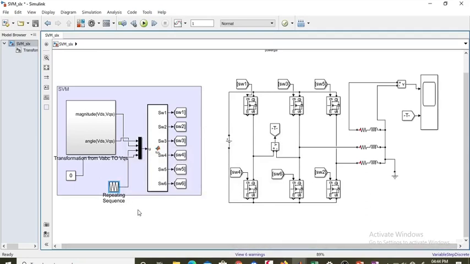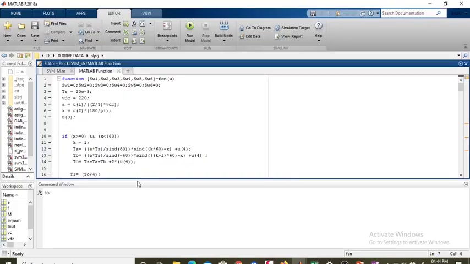This Vc I have generated from my M file. And now, this is the hexagonal programming. So what is inside the hexagonal programming?